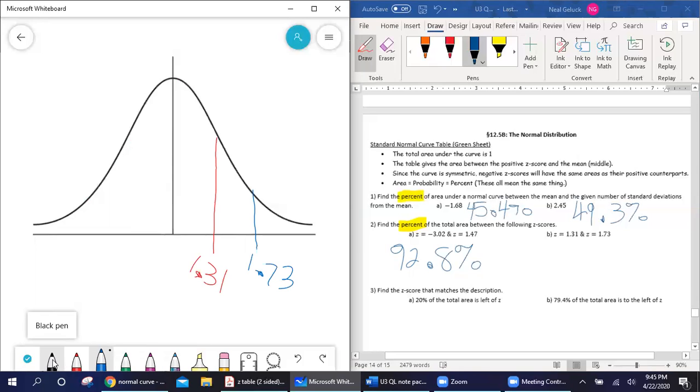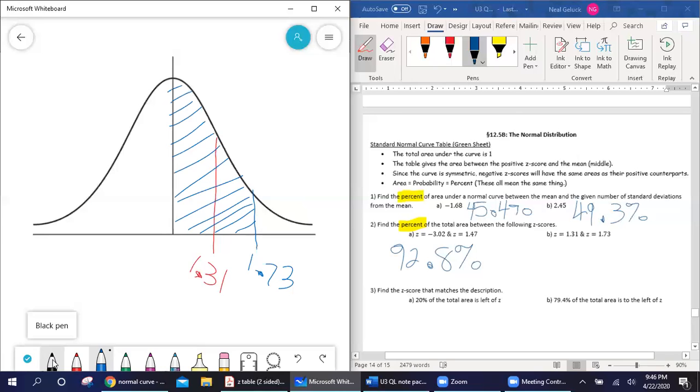So here's the logic on this one. Since I have to be kind of clever here, since my table only gives me areas to the center, here's going to be my logic. I'm going to find this blue area.